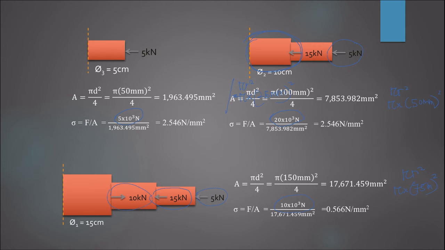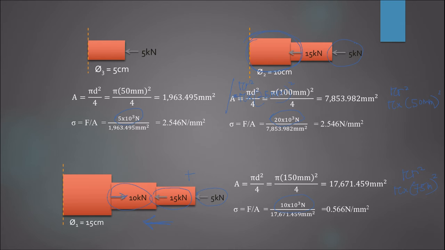All these are 3. So 15 plus 5 becomes 20. Okay, this is 2 so 20. Subtract 10 because it is in the opposite direction. So you have to subtract 10 kilonewton. The total force is pushing to the left, which is compressive force.